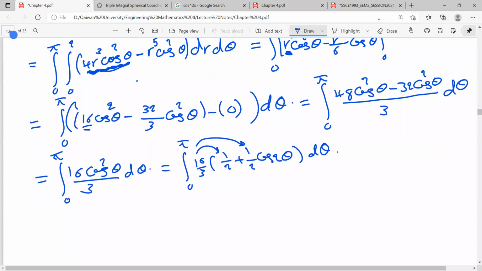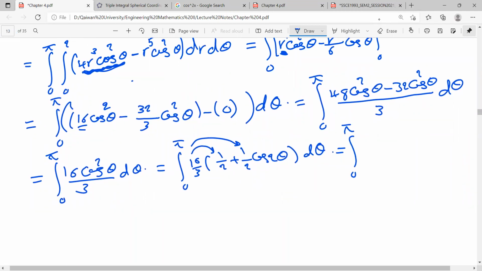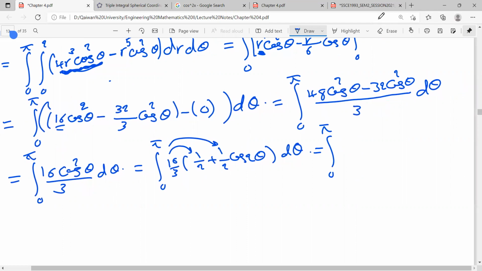Now we multiply 16 over 3 into the brackets, into this and this one. We get the integration from 0 to π for 16 over 6 plus 16 over 6 cosine 2θ. Here 16 over 6 could be cancelled out.